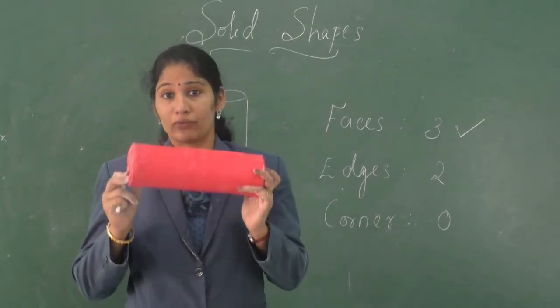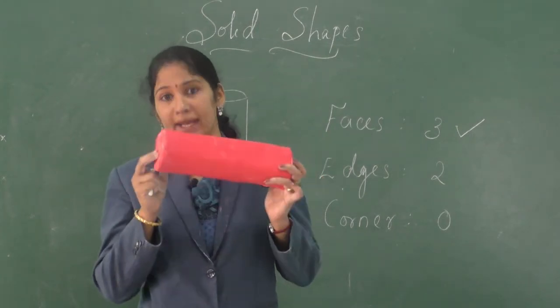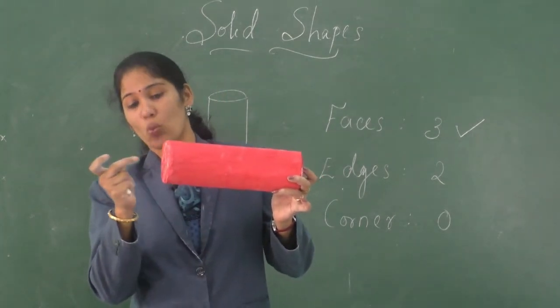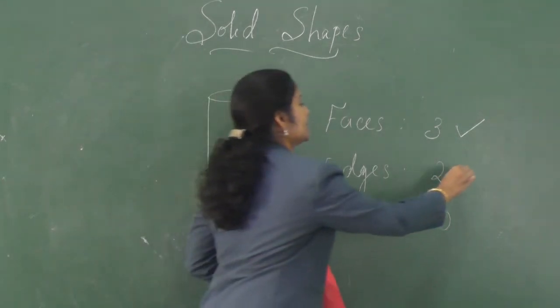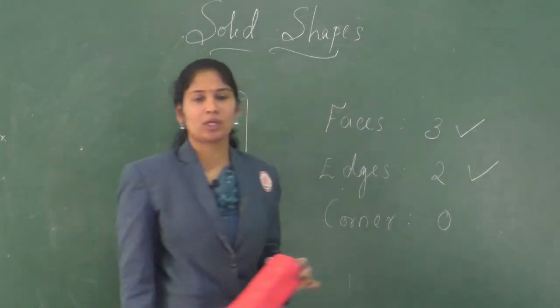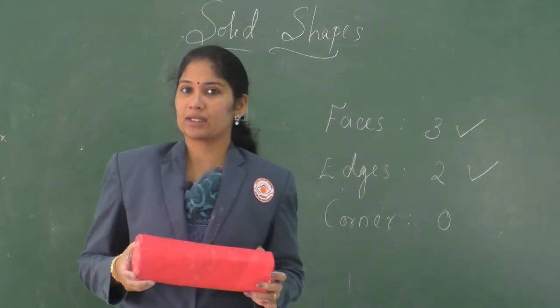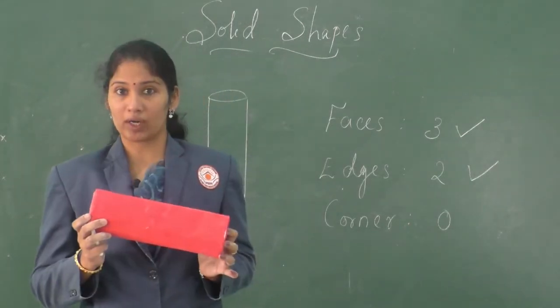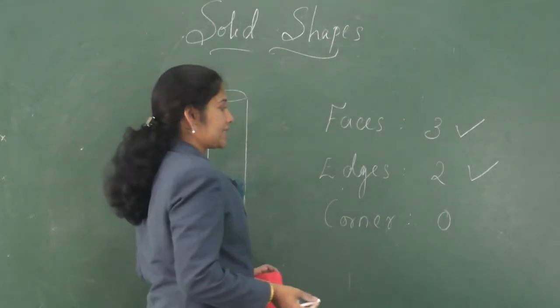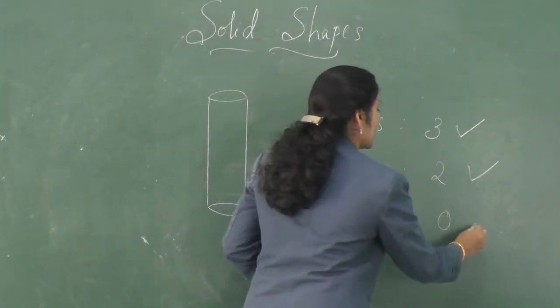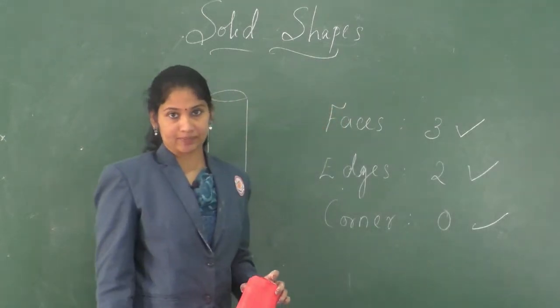The faces meet to make an edge. In a cylinder, 2 edges. How many corners are there? There is no corner. So, cylinder has 3 faces and 2 edges and 0 corners.